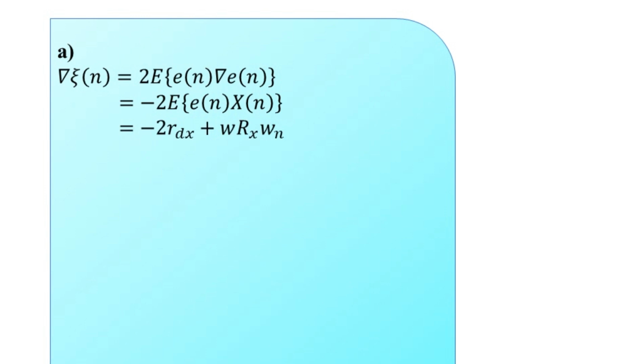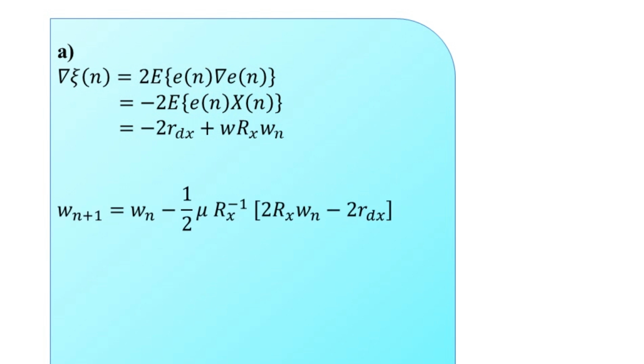So therefore, whatever the update equation we have for the method we have been provided, it is w suffix n plus 1 is equal to w suffix n minus 1 by 2 times mu into rx inverse multiplied to the gradient in the problem statement.